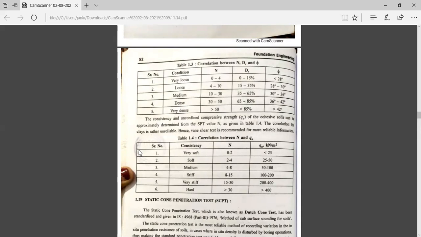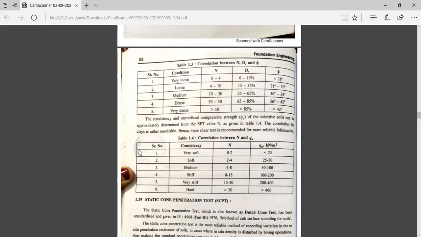So for different types of soil, like very loose soil, medium soil, dense soil, and very dense soil, the value differs, right?